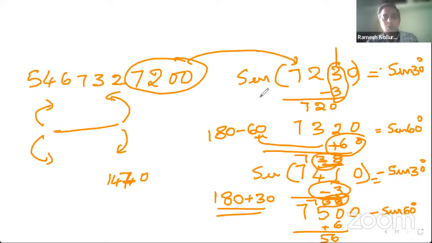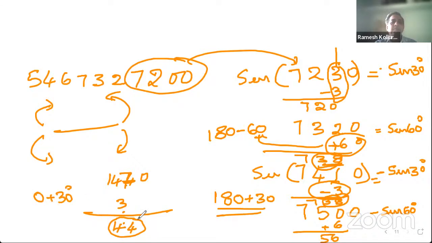Just by seeing this, we know the digital root is 3. Whenever the digital root is 3 and it is odd, you subtract and take only the last 2 digits. If it is divisible, because you are subtracting, you have to add. So it is 0 plus 30. Are you getting it?